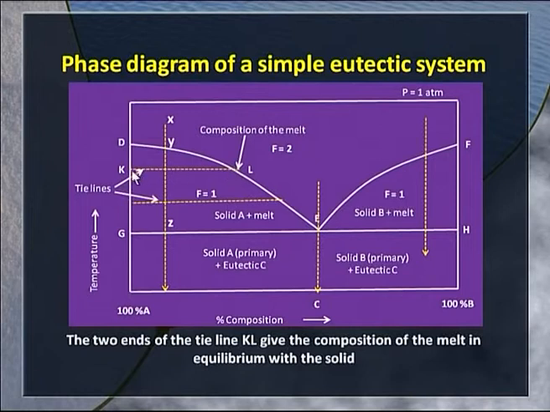Here you have a tie line, one end corresponds to solid A, and the other end, which is on the curve DE, gives us the composition of the melt that is in equilibrium with the solid. So, our overall composition of the system that we have taken is this. When you take it to this temperature, it splits into two, solid A and the melt.